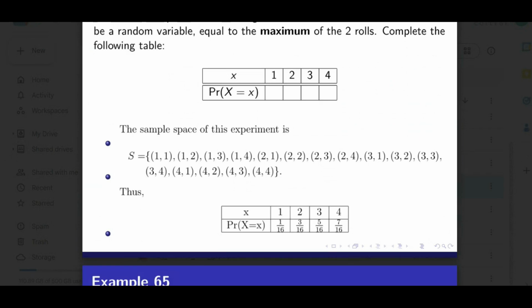So in this case, you're looking at the maximum of 2 rolls, assuming independence, and the die is fair. All 16 eventualities are equal probability, so it's basically just adding cases up. And if you don't want to do all the cases, you know that eventually they have to sum to 1.